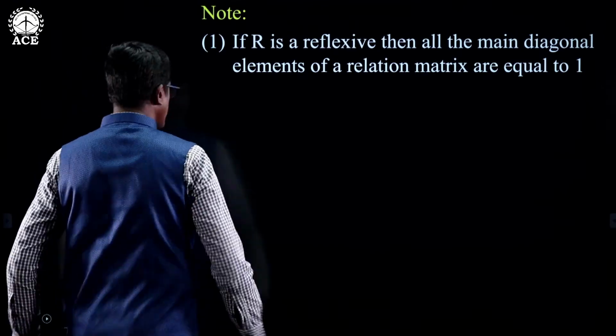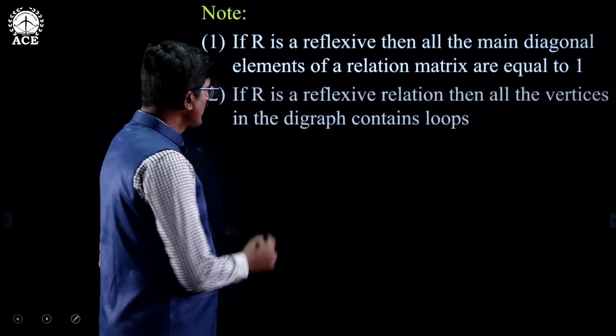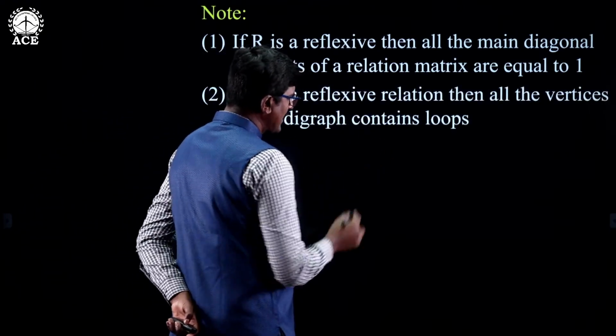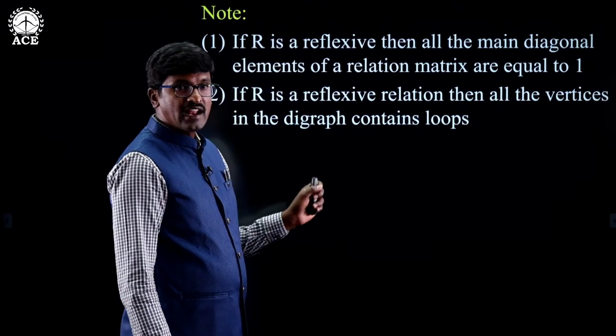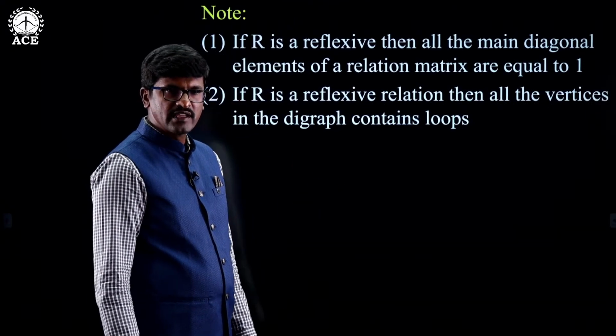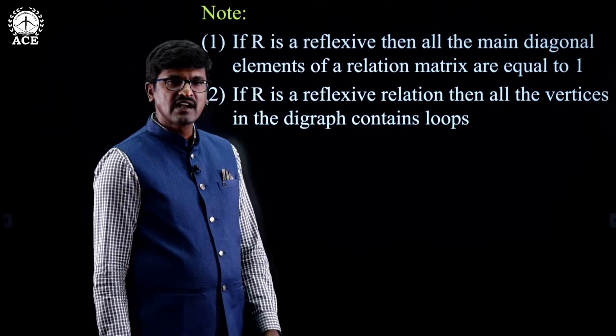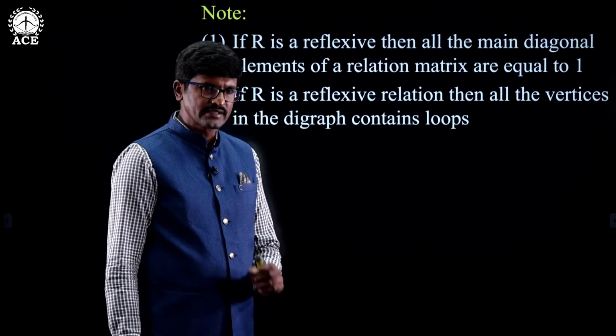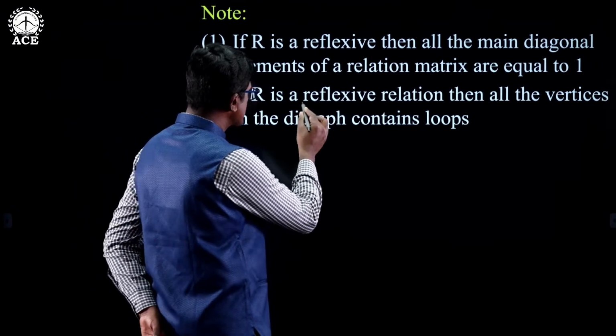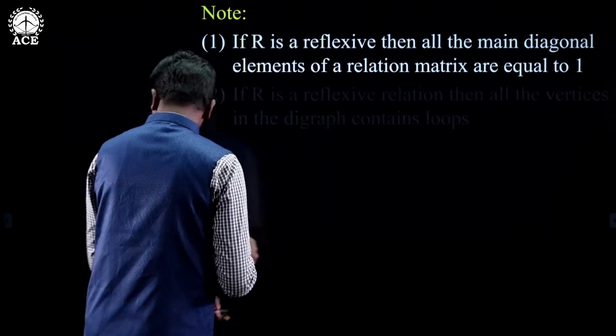Coming to the second point. If R is the reflexive relation, then the diagram representation of the reflexive relation will consist of loops at every vertex.